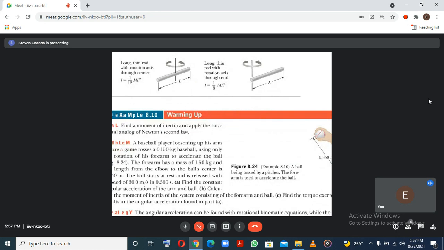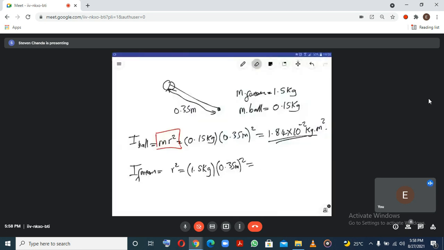Because the axis of rotation, we're taking it as being the elbow, it means we can take the forearm to be like a rod which is rotating through the end, of which our end in this case is our elbow. So it's not just going to be mass times r squared, but it's also going to be 1 over 3. So I hope that we've taken note of that, right?